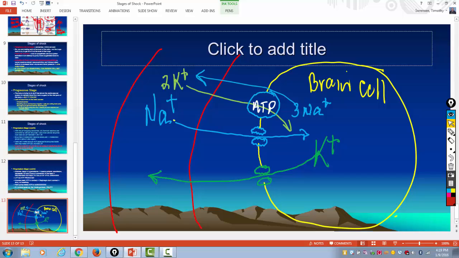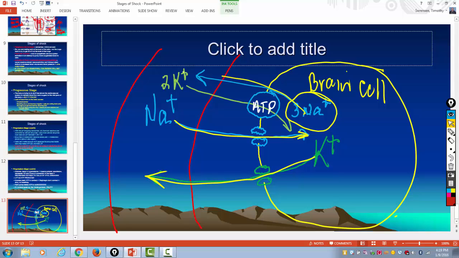sodium from the blood leaks into the cell. Potassium from the cell leaks into the blood through these ion leak channels. And normally what happens is the sodium-potassium pump takes 3 sodiums that leaked in and pumps them back into the blood, and 2 potassiums that leaked out and pumps them back into the cell.